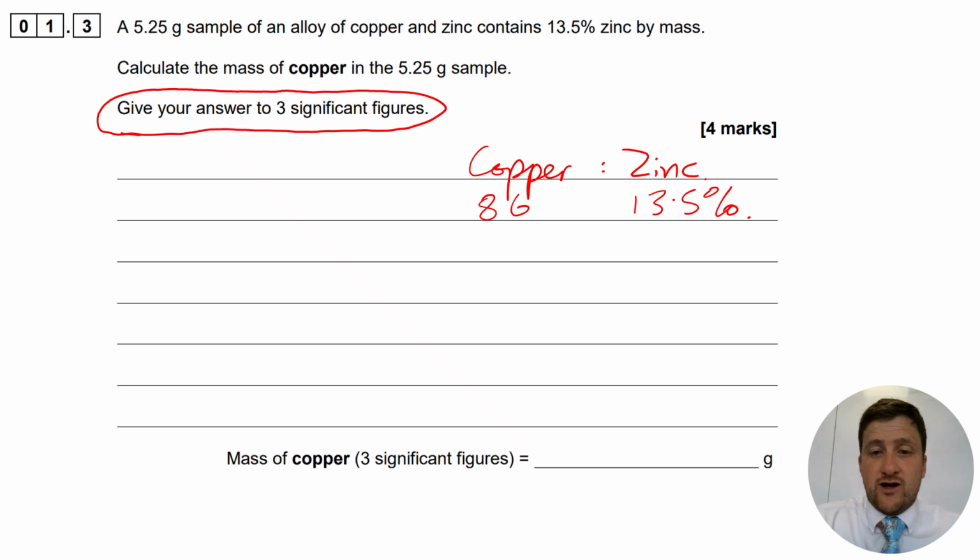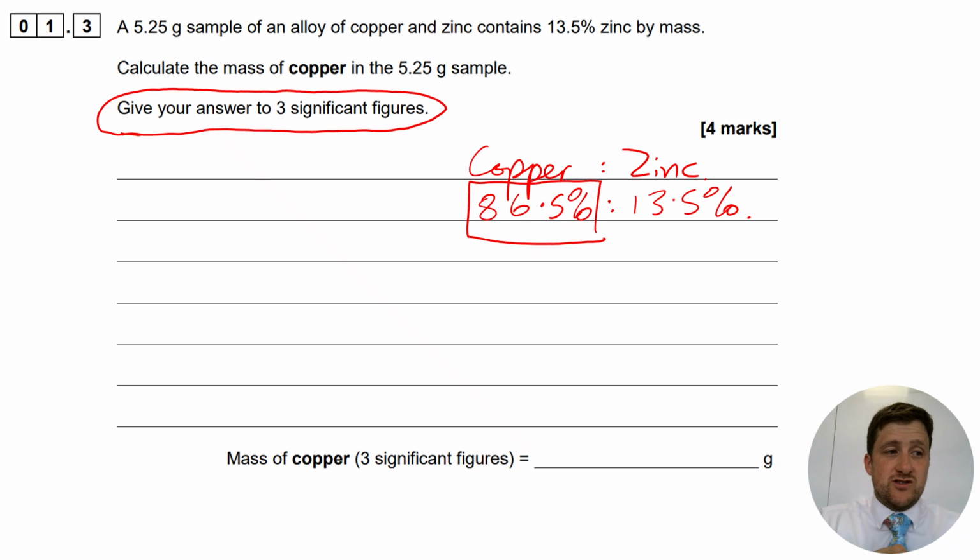That means I can work out that it's 86.5% copper. That's really important because they're asking me to calculate the mass of copper. Well, if we've now worked out this 86.5%, I just need to work out what is 86.5% of 5.25 grams. So I can do 86.5 divided by 100 and then times it by 5.25.